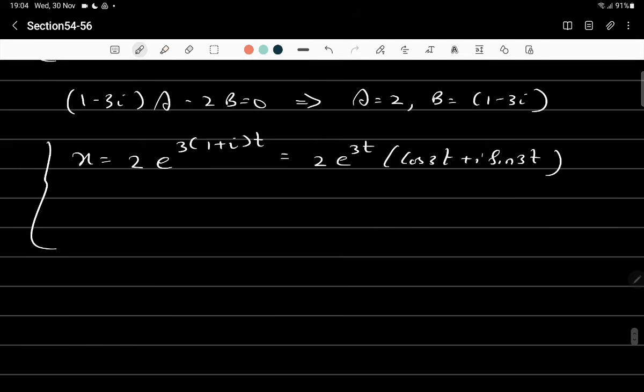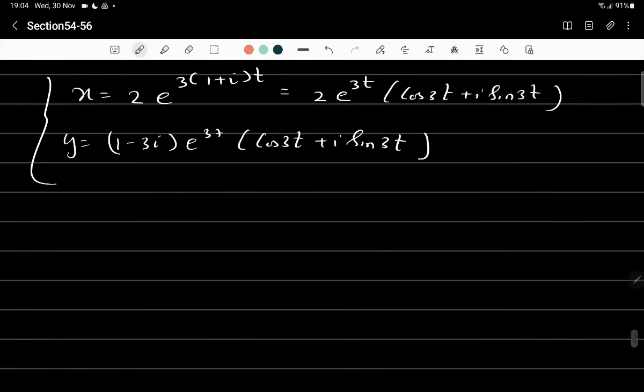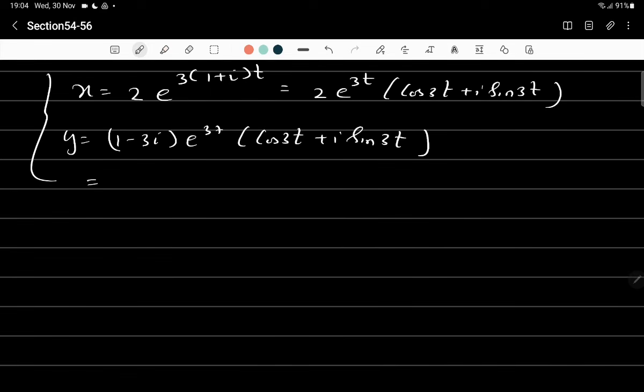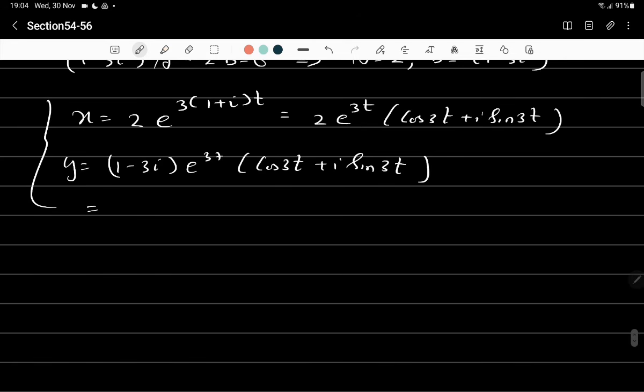Similarly, if you write y, then the constant is 1 minus 3i, e raised to the power 3t, and cos 3t plus i sin 3t. Now y can be written as, because in case of x, real and imaginary parts are visible, but in case of y also you need to write down the real and imaginary parts separately, and when you write them, this is how it looks.